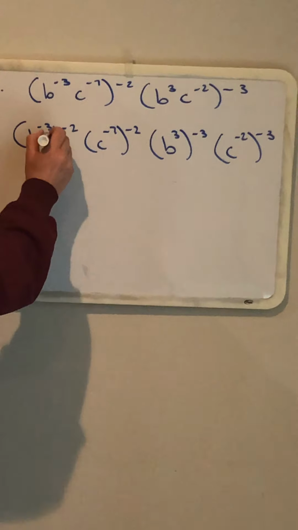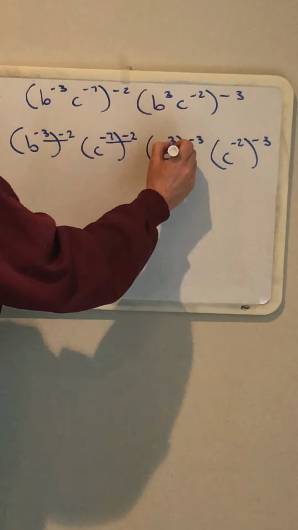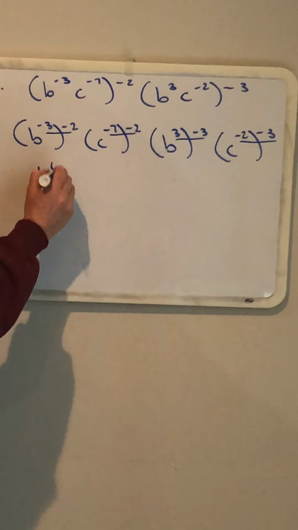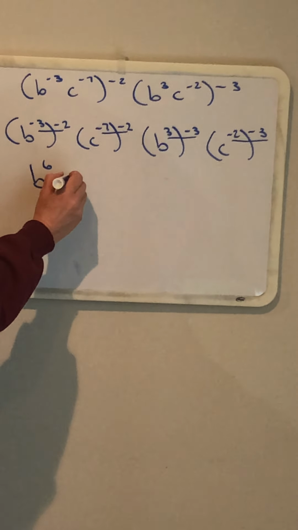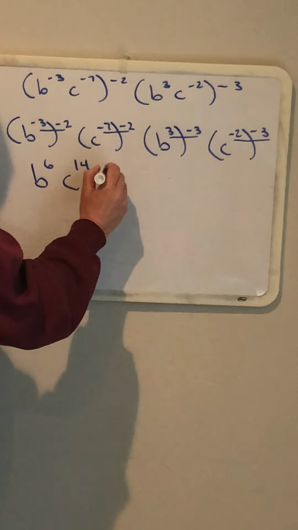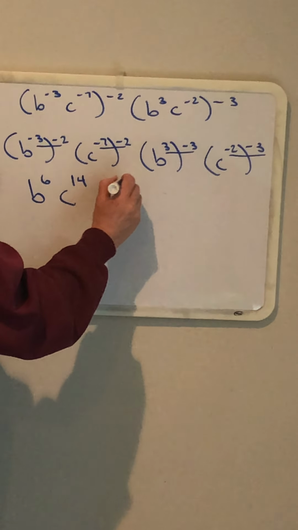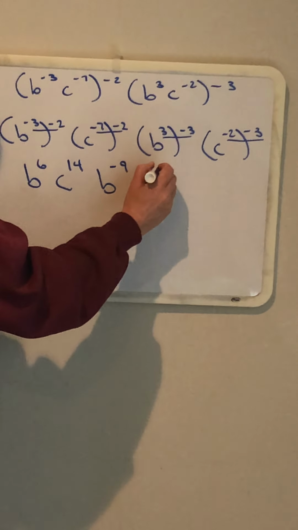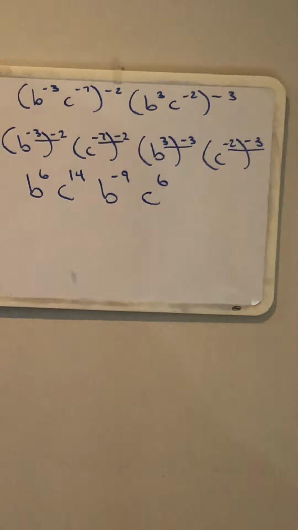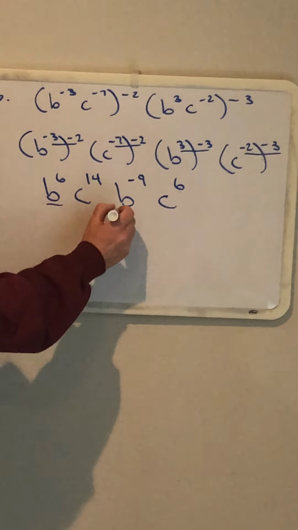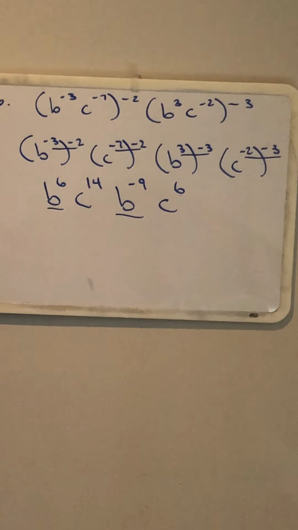Now I have inner outer exponents, that means they multiply. So this becomes b to the 6th, c to the 14th, b to the negative 9th, and c to the 6th. Now I see I have multiplying b's, which means you add the exponents.